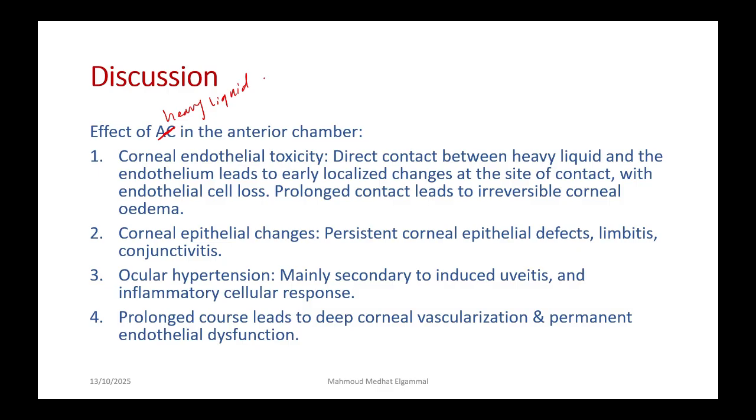Heavy liquid starts to break into bubbles, and these bubbles travel through the pupil, especially in aphakic or pseudophakic patients. And at the sites of contact, there are early localized changes with endothelial cell loss. These are usually compensated changes if timely intervention is selected, but prolonged contact leads to irreversible corneal edema.